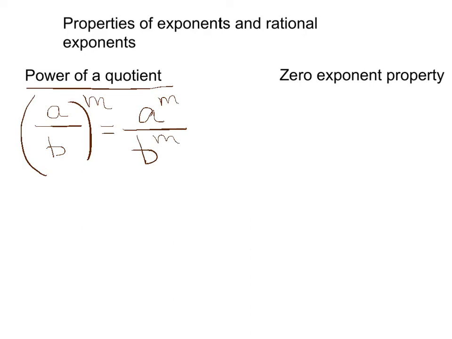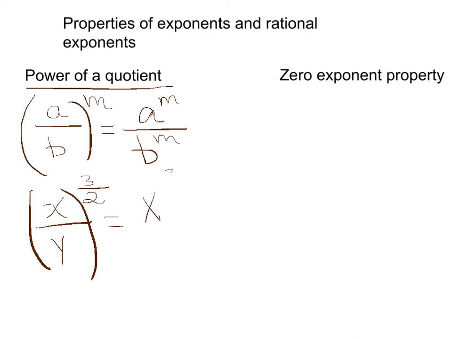For example, if we have x over y, all raised to the power of 3 halves, you would get x raised to a power of 3 halves over y to a power of 3 halves.